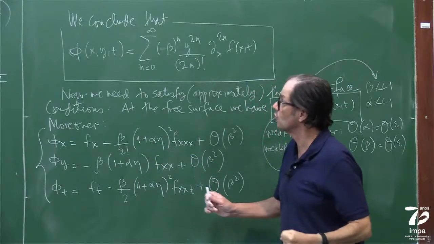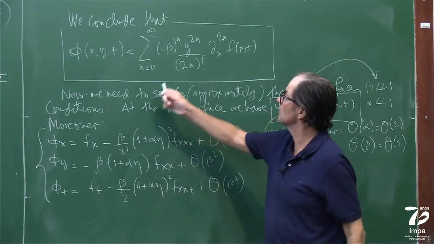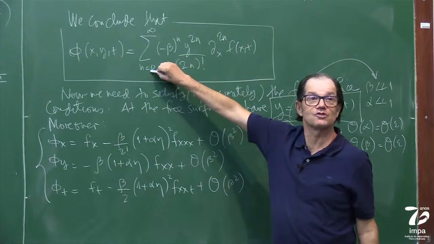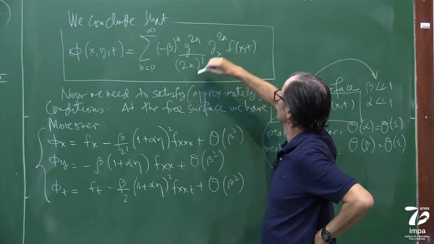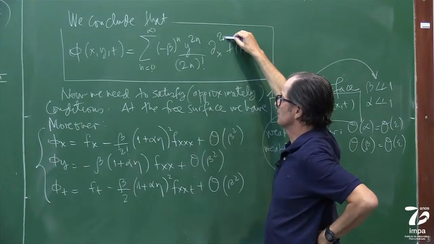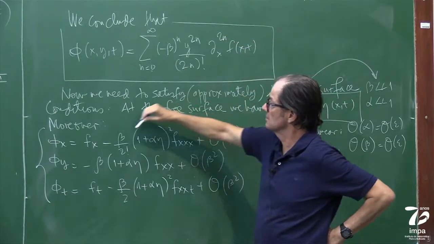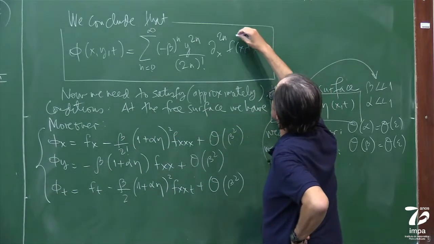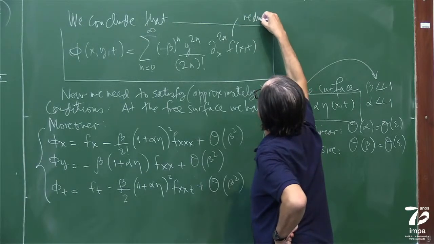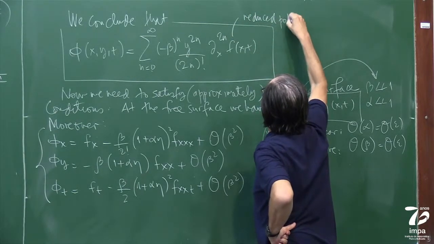And please note that this is the first order. Look, if I do n equal to 0 here, this is 1, and no derivative, just f of x. Here it is. Actually, this guy here is sometimes called the reduced potential.